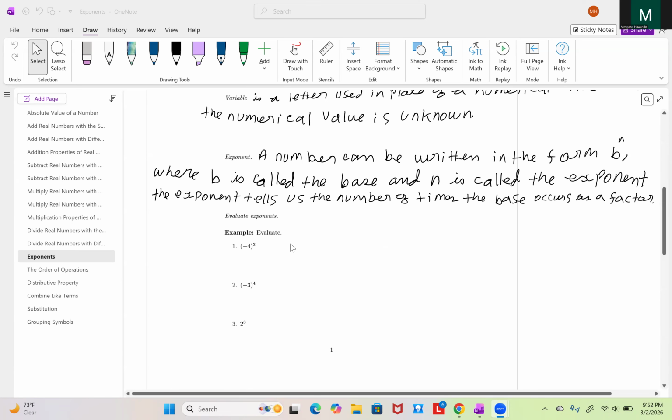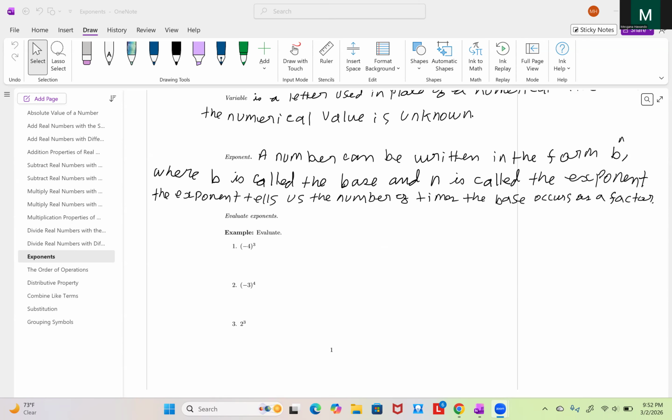Example: evaluate the exponents. Number 1, -4 to the power of 3. Here the base is -4 and the exponent is 3. The exponent 3 is telling us that -4 occurs as a factor 3 times.